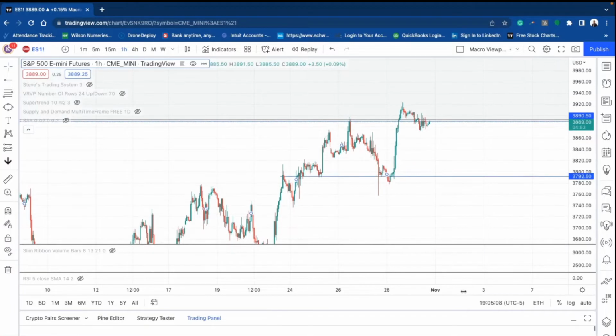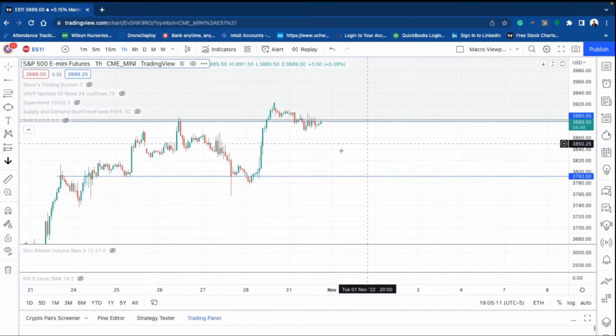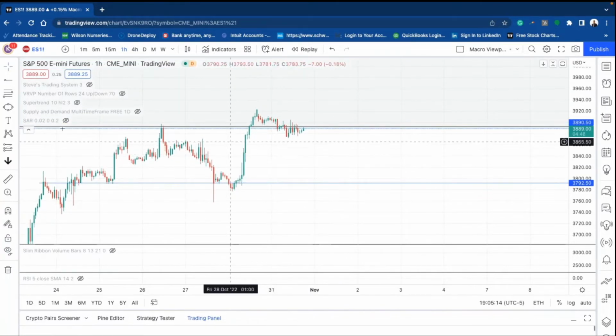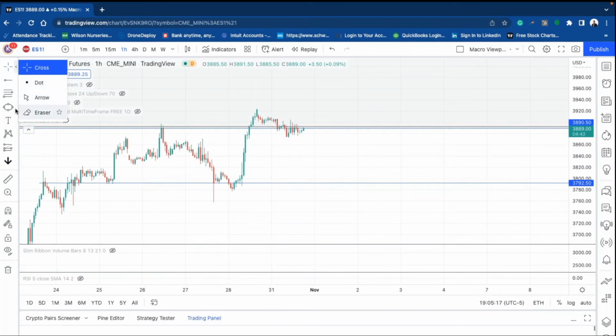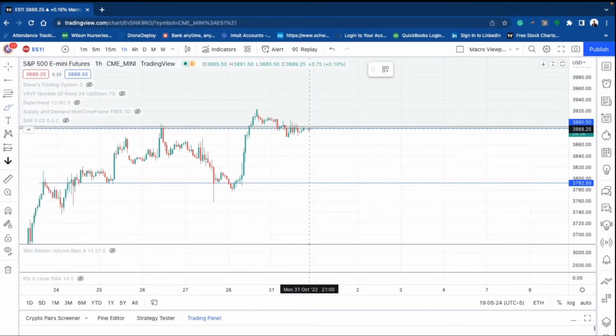So something that I'd like to see out of ES, if I were to even take a long, would have to be something. Let me grab my brush. Let's see if I can find that brush, right? So I'd look to see for a long would be a move up to break.